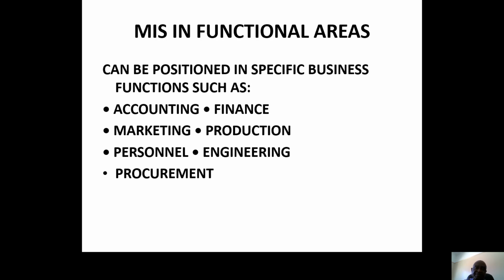MIS is a functional area, and can be positioned in different business functions. Look at this: accounting, finance, marketing, production, procurement. Right. These are the subsystems of management information system. If you take management information system as a database, these are the feeders into the management information system database.